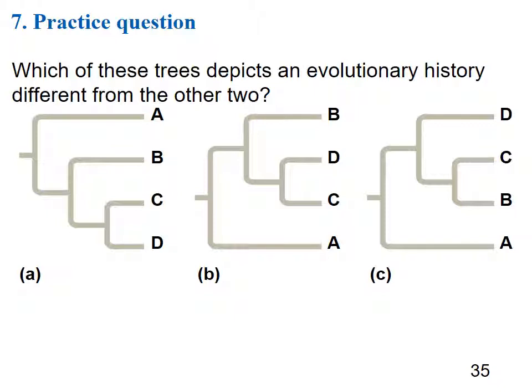But if we look at the tree C, the third tree, it has organisms C and B grouped together. But in the other trees, it's C and D that are grouped together. So this last tree here, the third set, is the one that is different. But A and B, or the first and second group here, are the same.